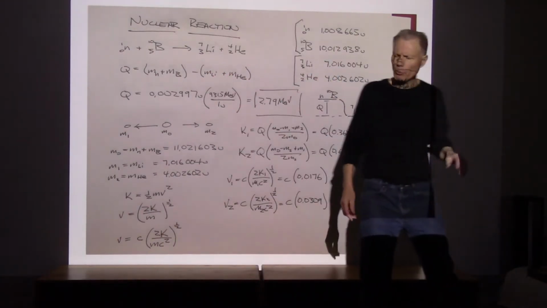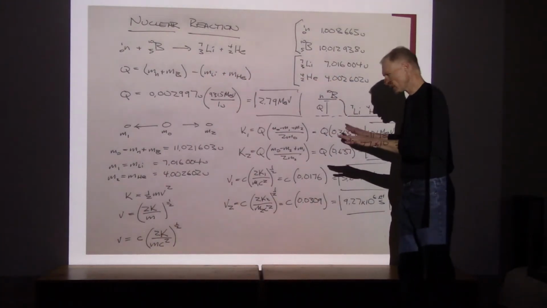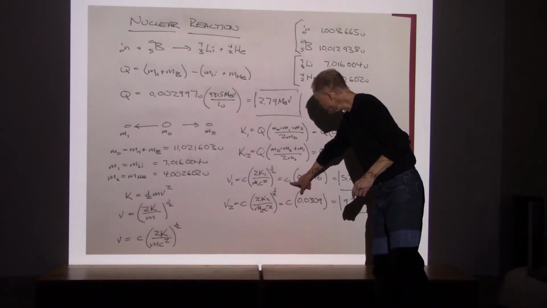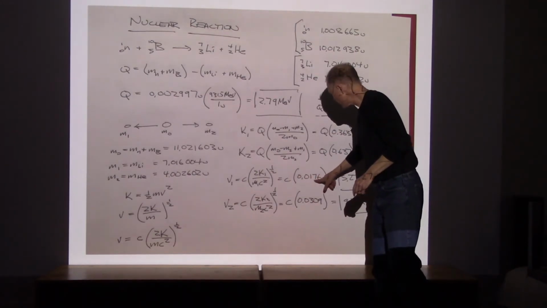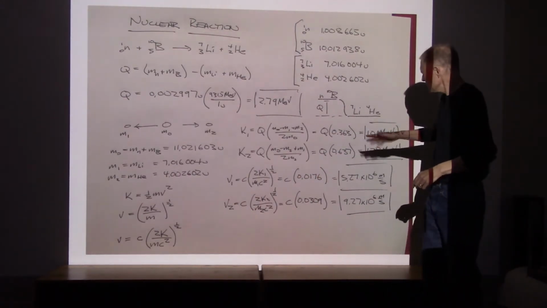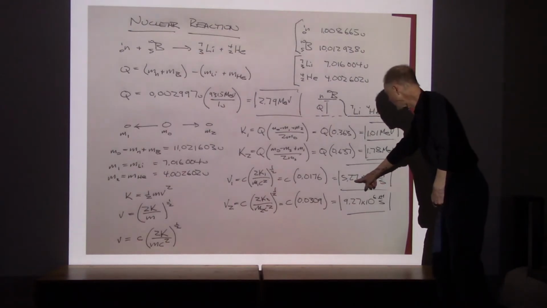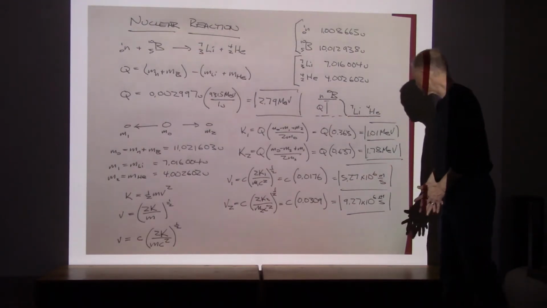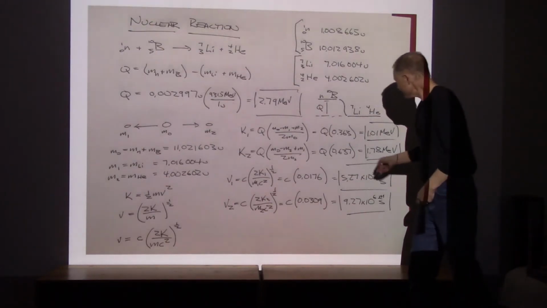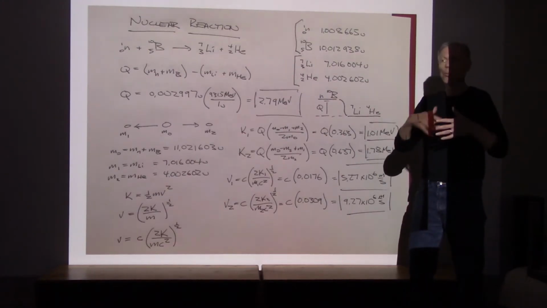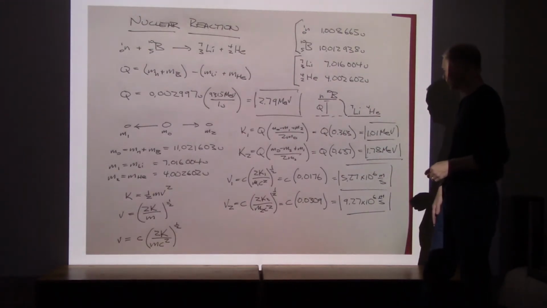And what I ended up with, check my numbers, was c times 0.0176. So yeah, it's about 1.76% the speed of light. And that works out to be 5.27 times 10 to the 6 meters per second. So this is fine. You can look at that and go, wow, like 5 million meters a second. That's really fast.